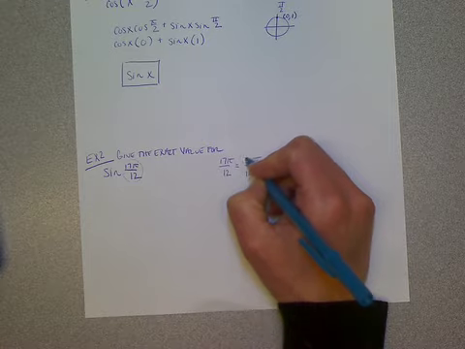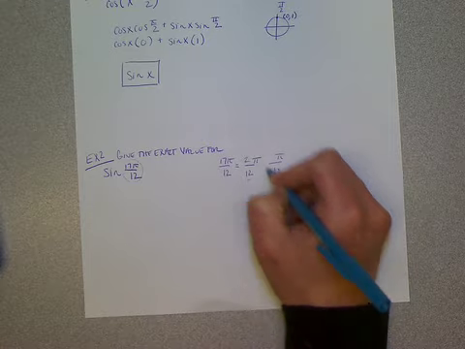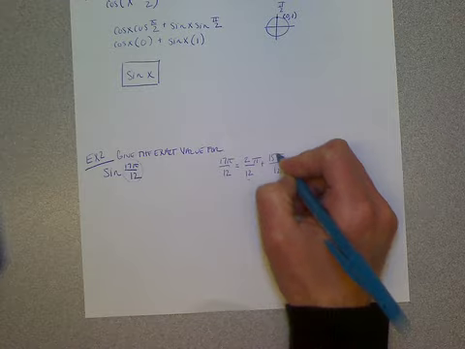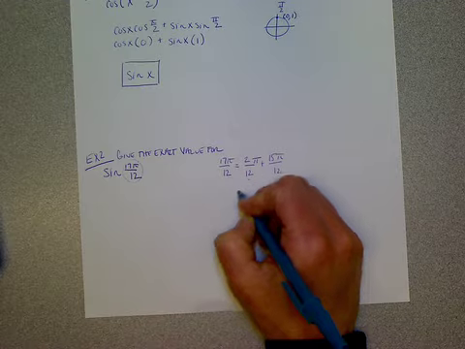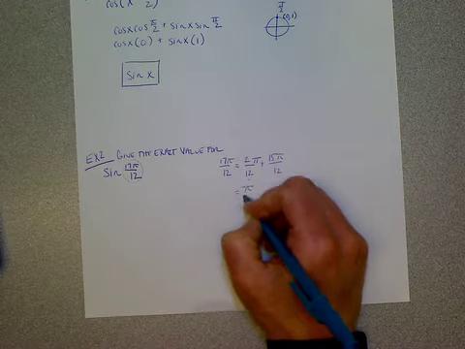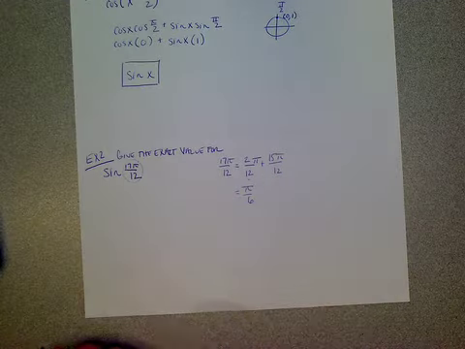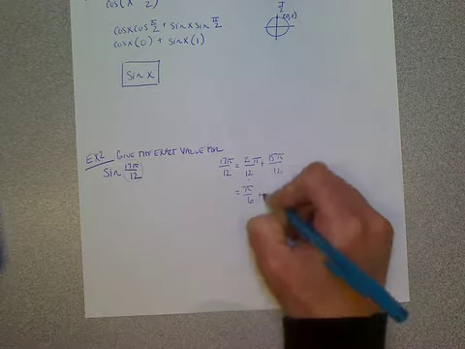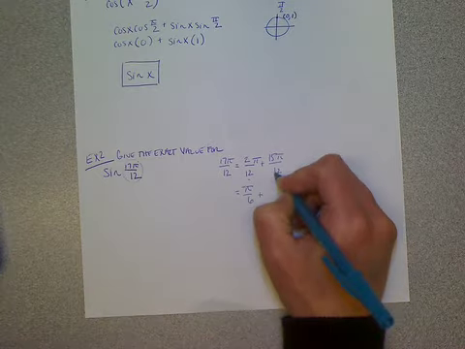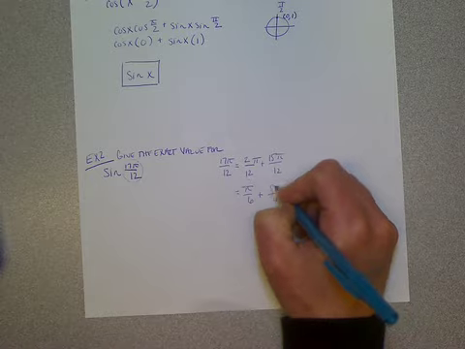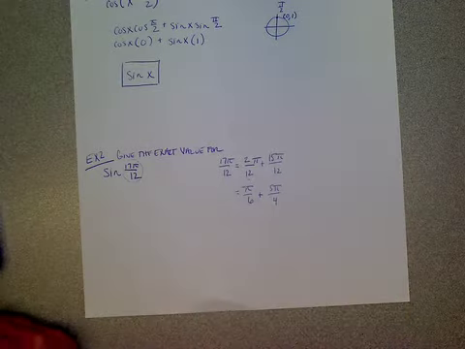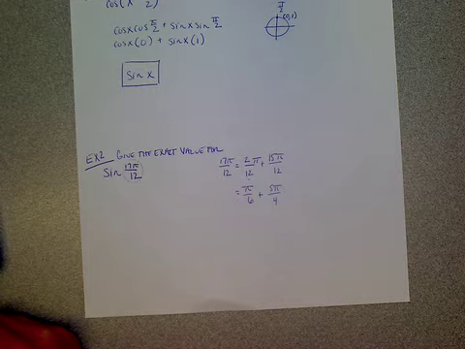However, if I use 2 pi over 12 and 15 pi over 12, 2 twelfths reduced down to pi over 6, that's a special guy, plus 15 over 12 reduces down to 5 pi over 4. That's another special guy.